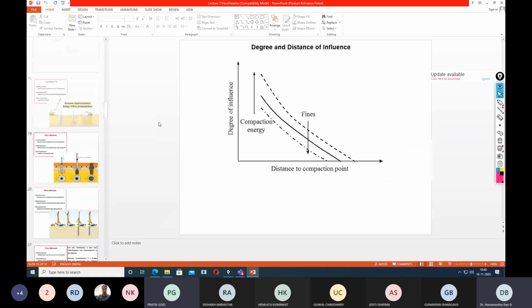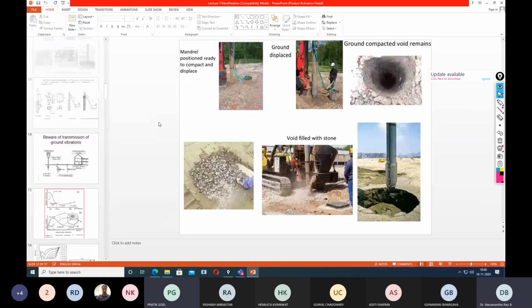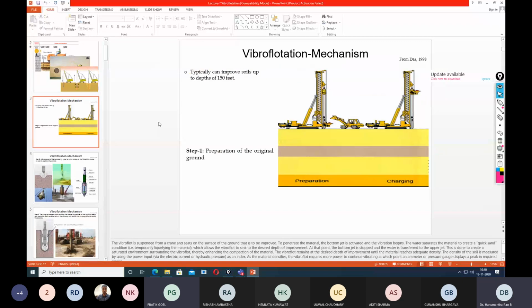Sir, can you explain the test pattern concept again?